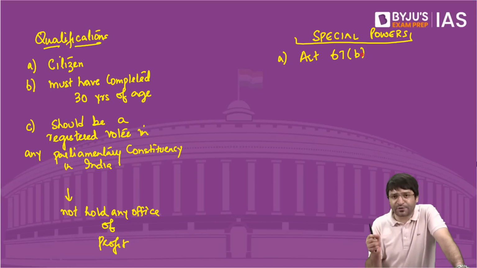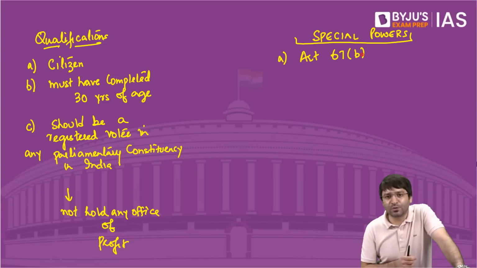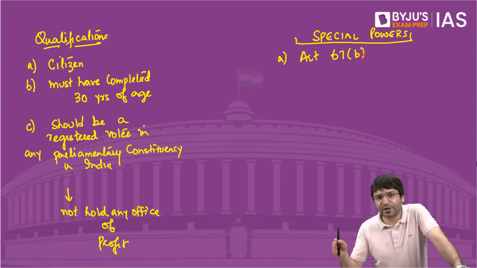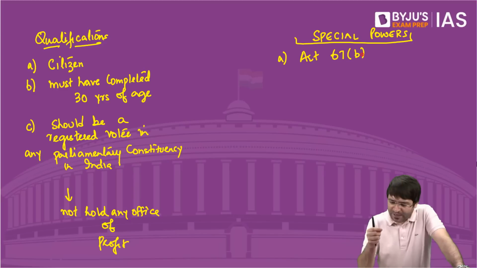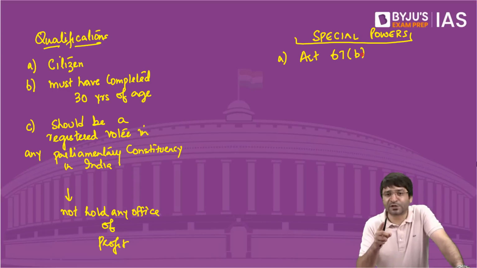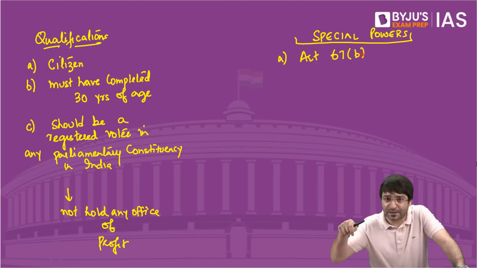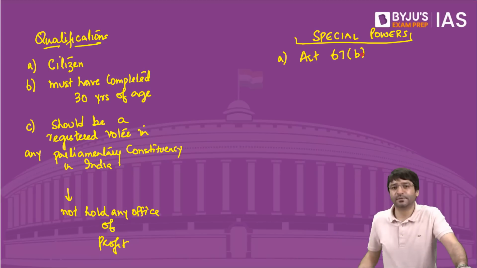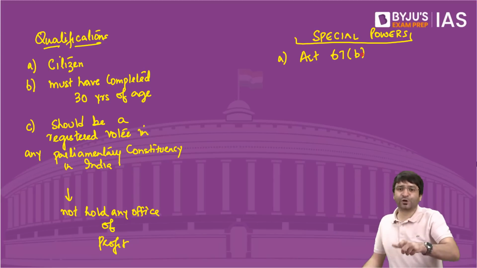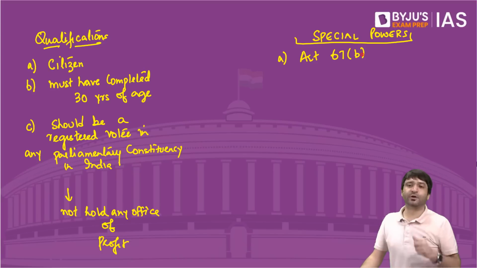Vice President of India can be removed from his office. On what grounds? These grounds are not mentioned in the Constitution. But Vice President of India can be removed from his office on the basis of a resolution passed by Rajya Sabha by effective majority. And then this resolution should be accepted by Lok Sabha by simple majority.